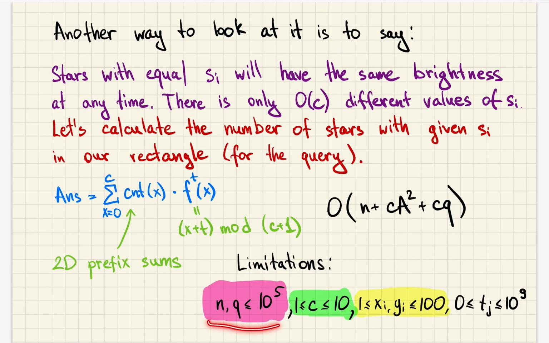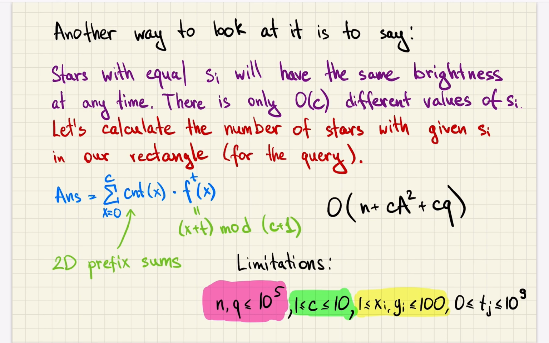Like n and q are kind of size of input, right? Like number of stars, number of queries, but those other limitations are also important, and if they're small, you should think about why they're small, how can I use it.